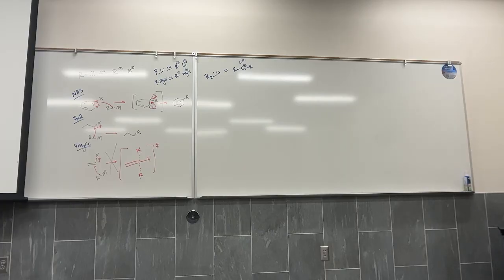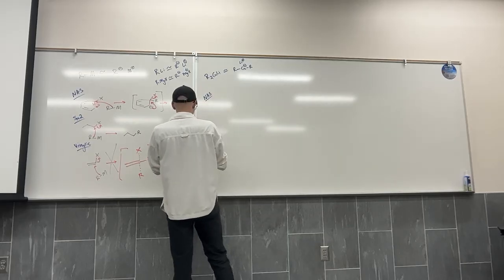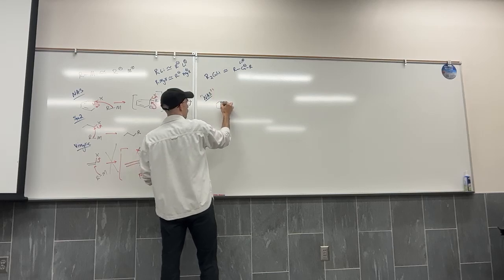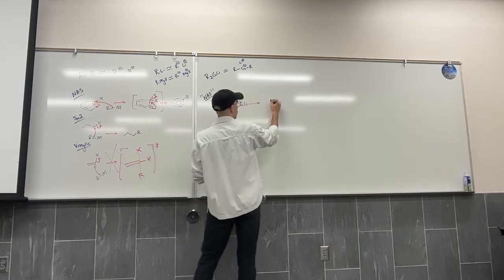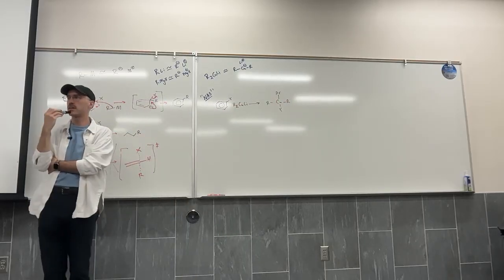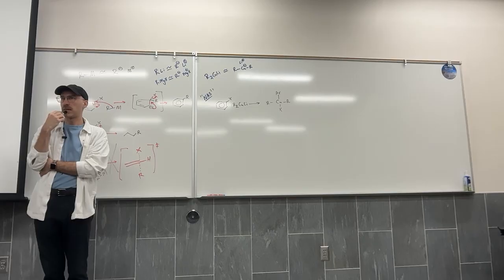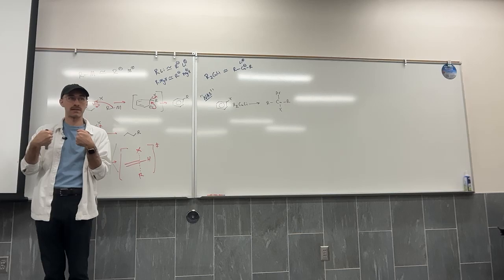So when we look at an NAS reaction, the mechanism is actually quite different. So I'm going to put this in quotation marks. And I'm not going to give you guys a mechanism for this, but I am going to demonstrate that what copper actually does is pull apart the reagent that it's reacting with. It takes that aryl halide and it bonds the halide to the copper and it bonds the aromatic ring to the copper.